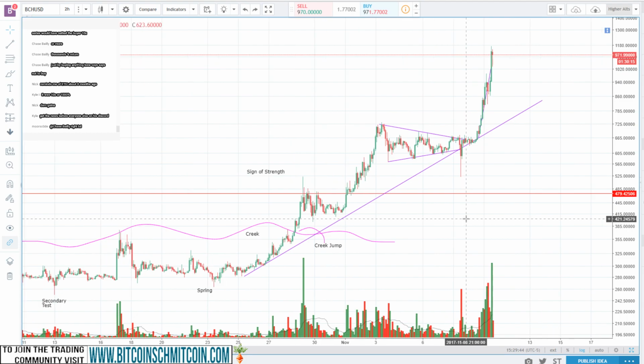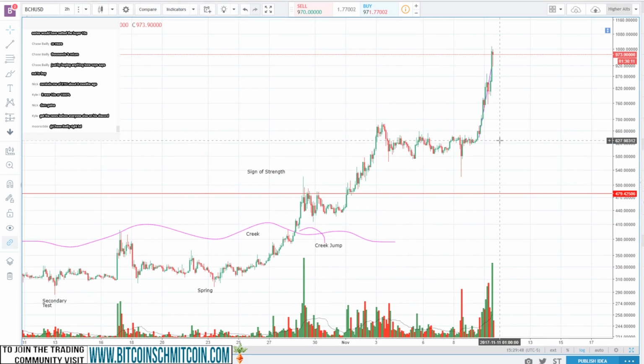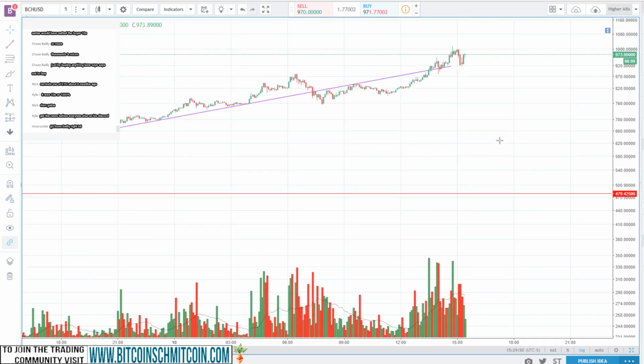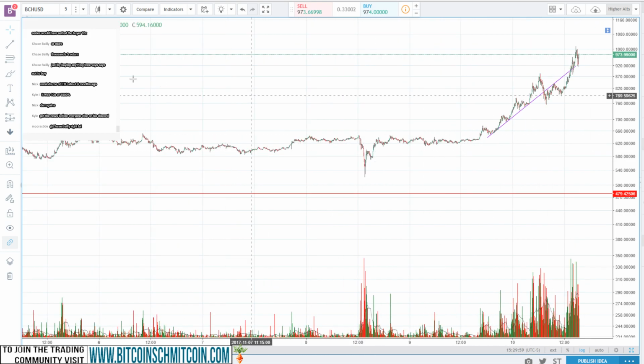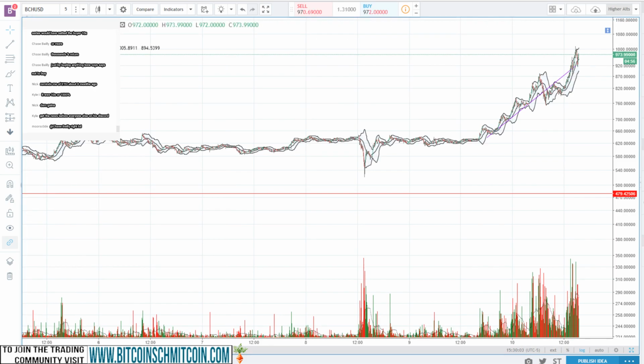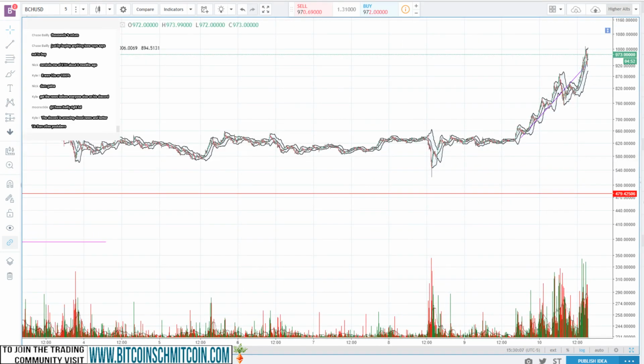But if we look at the immediate time scale of 15 minutes, 5 minutes, I'm going to show you guys how I've been trading this on the 5-minute scale, and it's worked perfectly every single time this has consolidated and rallied on this run. So what you're going to want is your Bollinger Bands on your standard settings, so your 20 moving average and your 2 standard deviations.